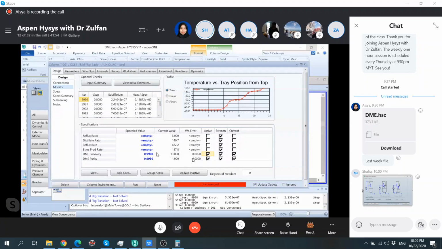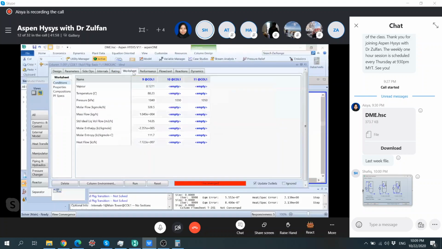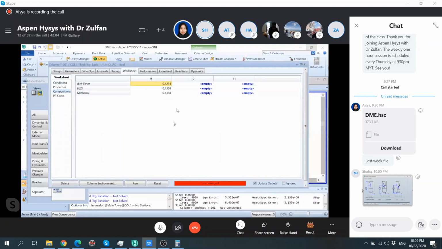So can you go back to your stream number 9, because your stream number 9 can be different from what we have. Go to composition. So DME is 0.4284, this is in mole. So if you multiply 0.4284 with the flow rate of stream 9, how much is that?